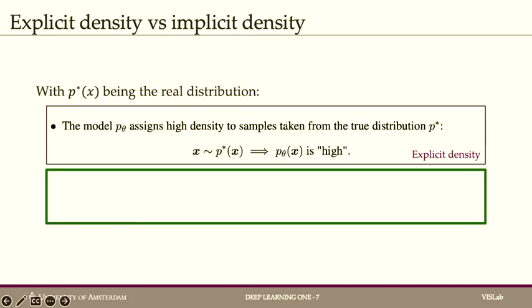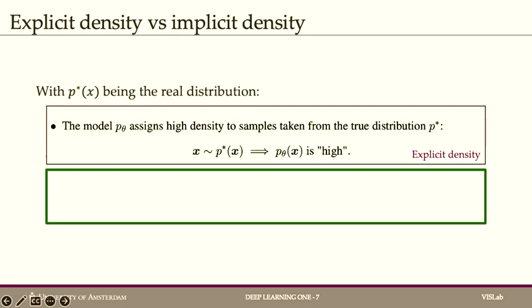Before that, one more note about explicit versus implicit density. I think this one nicely describes it. If P star of X was the real distribution that generated the data, then on Tuesday, with the explicit density models, we were trying to find a model P theta that assigns a high density to samples taken from the true distribution. So if X was taken from the true distribution, then P theta of X should be high.